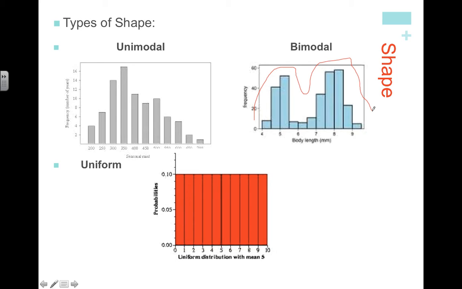You had peaks at several points on that one, okay? It would be described as uniform if you had the same mode for all. So you're looking at a graph that you wouldn't typically see here this year. But if it's all uniform, that means that everything occurred at the same.